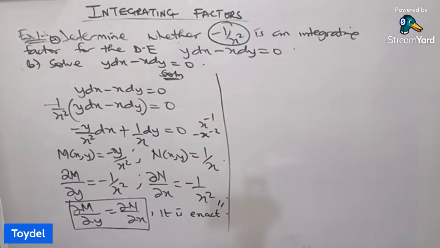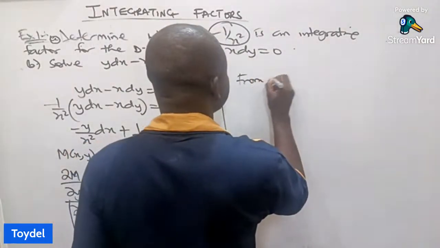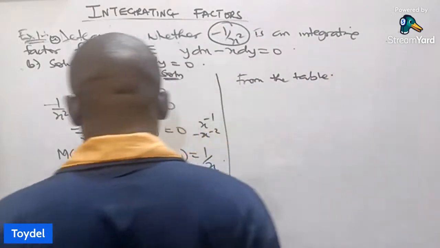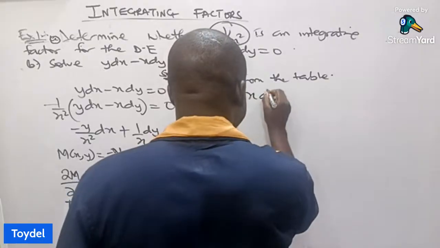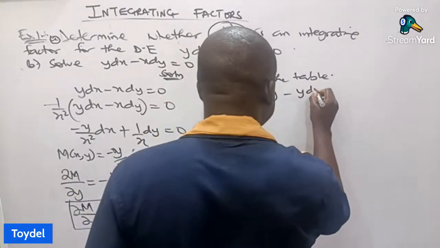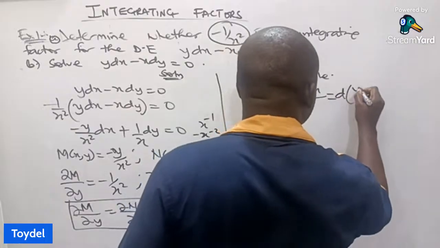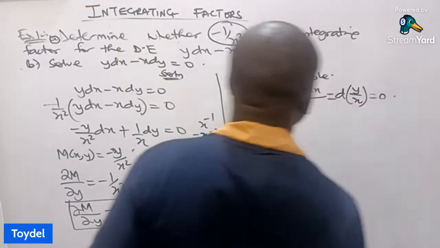Then we have to solve. How do we solve this? If you check the table, there are standard tables. From the table, you realize that x dy minus y dx all over x squared is given as d of y over x, and of course it's equal to 0.